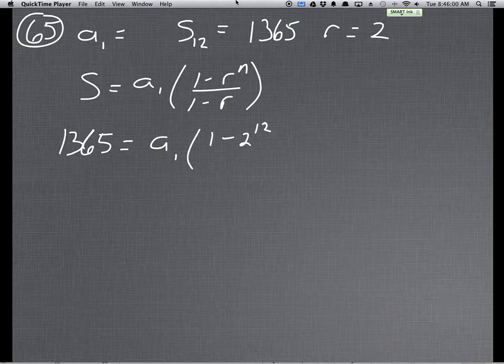And on the bottom, I have 1 minus 2. I'm trying to get a sub 1 by itself, so what would I do? I would just go ahead and divide, and then put it in your calculator just one time instead of going in the calculator multiple times.